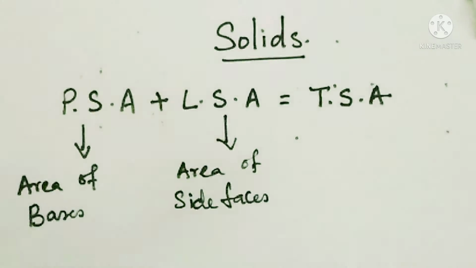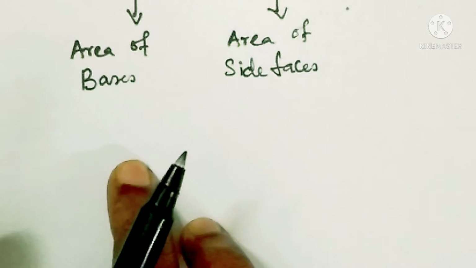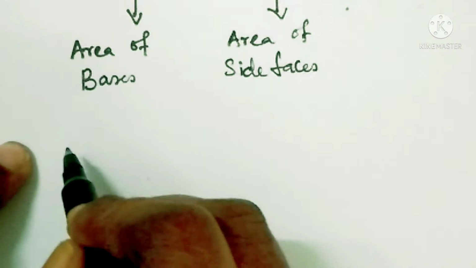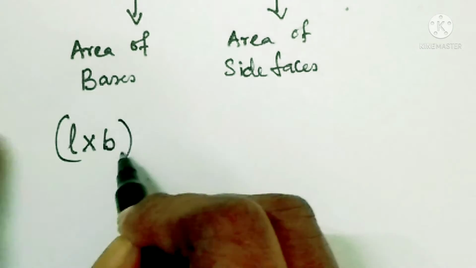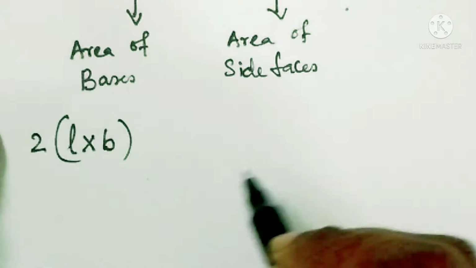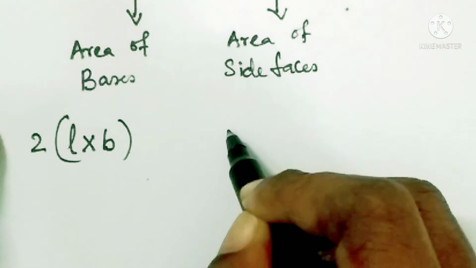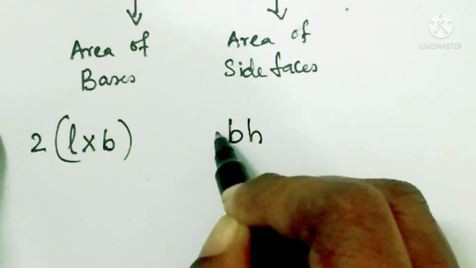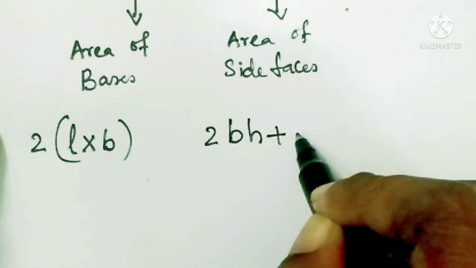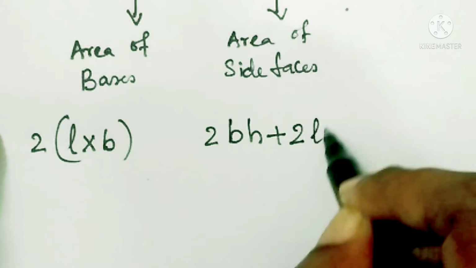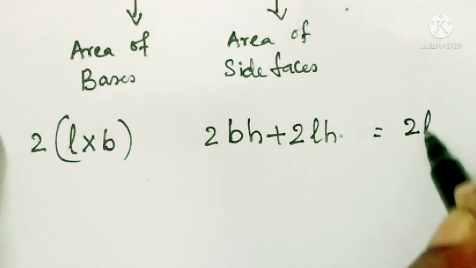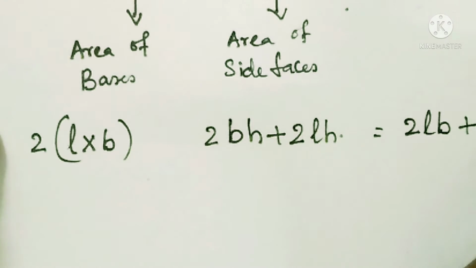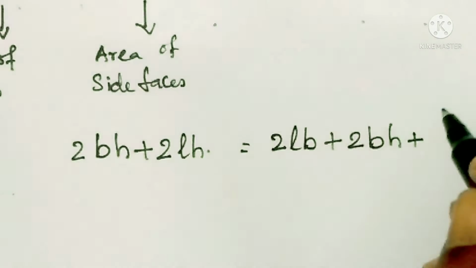That is, on the plane surface or the base it will be L into B, two times. Then lateral surface area will be breadth into height two times plus two times length into height. So when you add them you get 2 into LB plus 2 into BH plus 2 into LH.